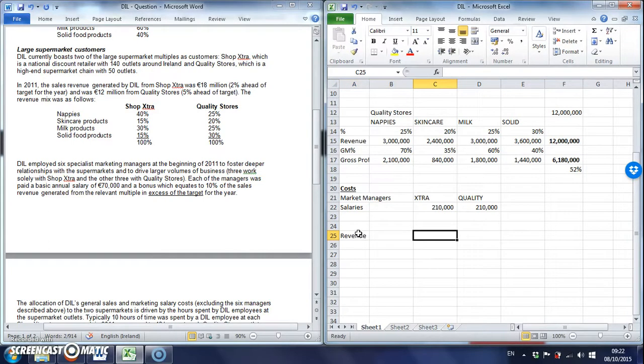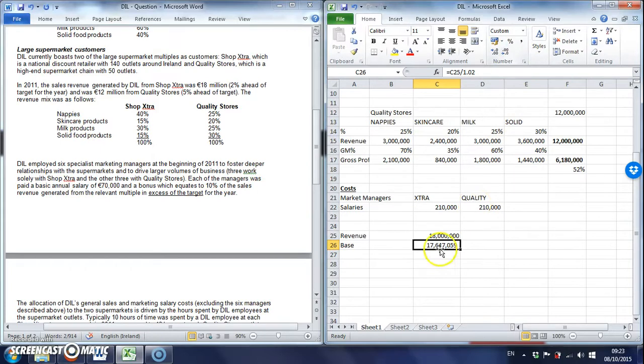revenue is 18 million for Extra. Therefore the base, if 18 million is 2% ahead of target, the base must have been 18 million divided by 1.02, because 18 million must be 102%.